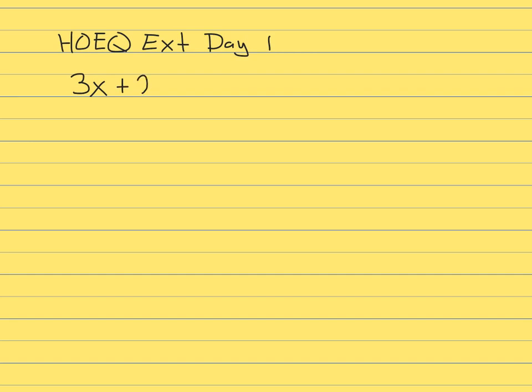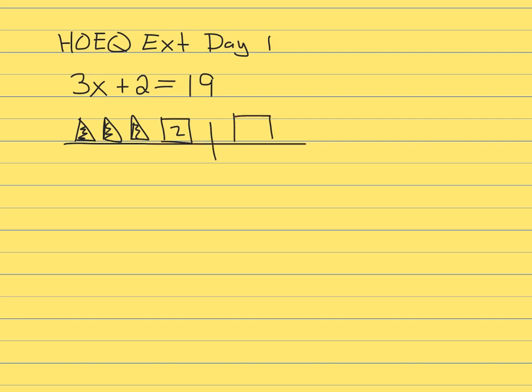So for our first sample problem today, we're going to be looking at 3x plus 2 is equal to 19. Just like we've been doing, I'm going to transfer it into triangles. So 3x is going to be 3 shaded triangles, and then we have a 2, and that's going to be balanced with a value of 19.